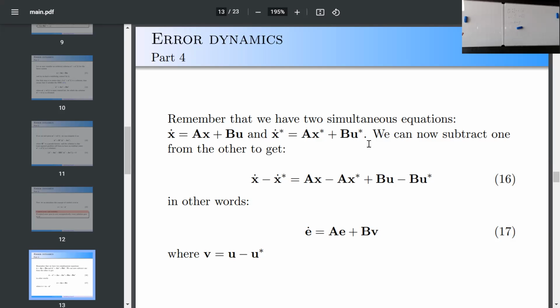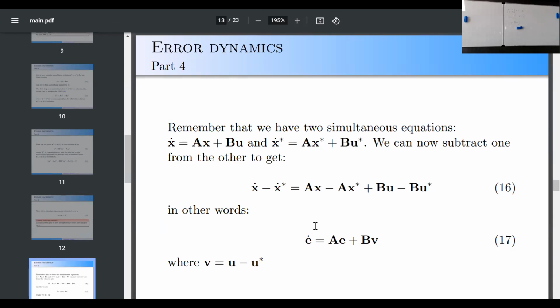And after you substitute e instead of the difference in x's, you get equation number 17, right? And we also use a new control variable v, just for simplicity, and we get equation 17, exactly what we know how to work with, right? We know how to control this equation. We know how to define the control law.